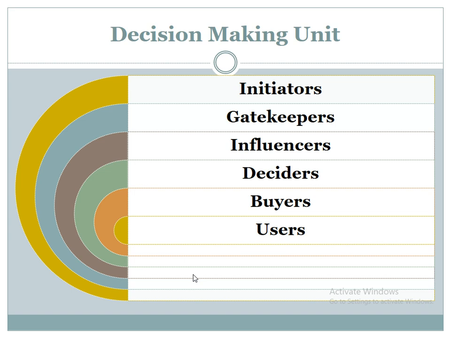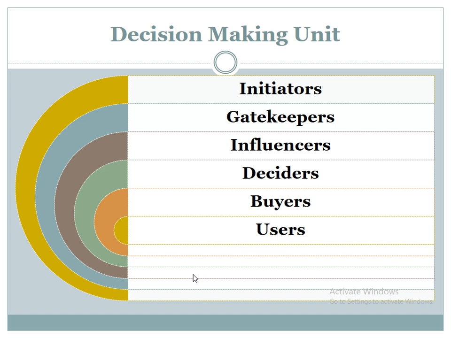Sometimes individuals outside the organization, who are experts or consultants, play the role of influencers by drawing the specifications of the products or services. So these are influencers. So we have understood initiators, gatekeepers, and influencers. Each and every member here is playing some role in the process.